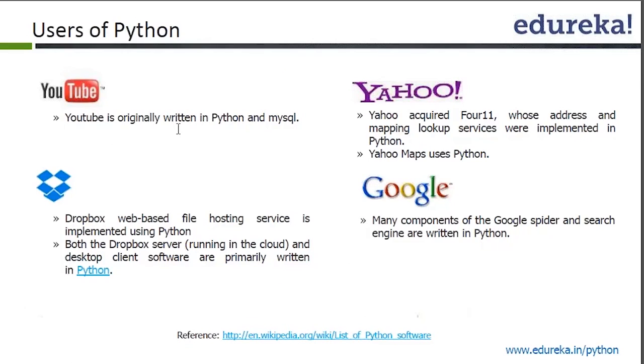Users of Python: YouTube was originally written in Python and MySQL, okay? And the Dropbox web-based file hosting service is implemented using Python. Yahoo acquired 411, whose address and mapping lookup services were implemented in Python. Yahoo Maps uses Python. Many components of Google's spider and search engine are written in Python.